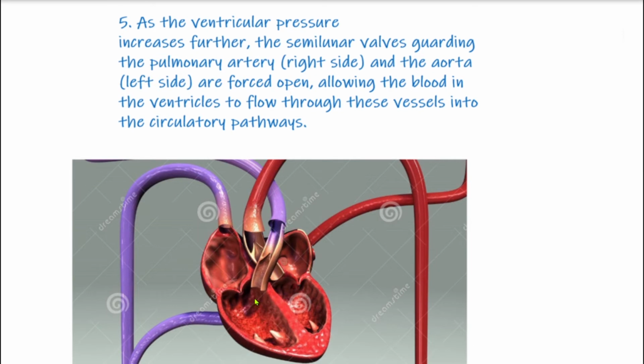So a time will come when this intraventricular pressure will become more than the corresponding artery pressure. Means the intraventricular pressure of this right ventricle will become more than that of pulmonary artery, and the intraventricular pressure of left ventricle will become more than the hydrostatic pressure in the aorta.